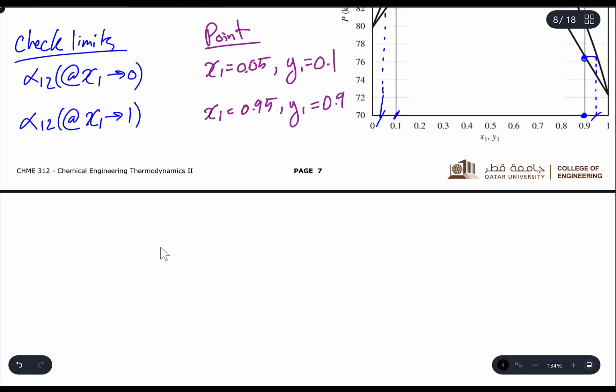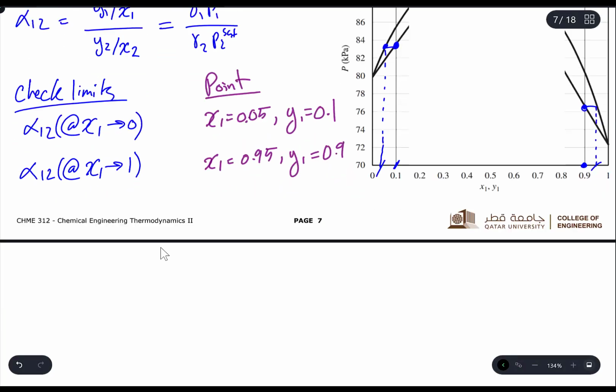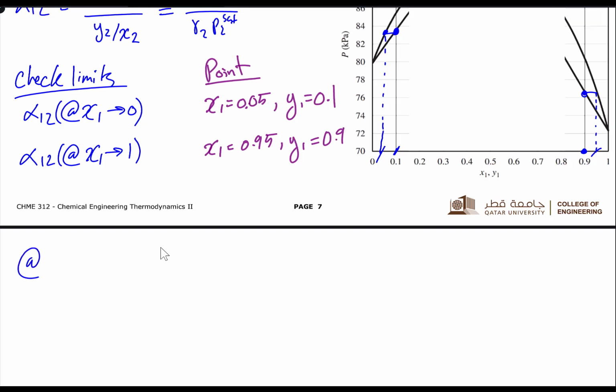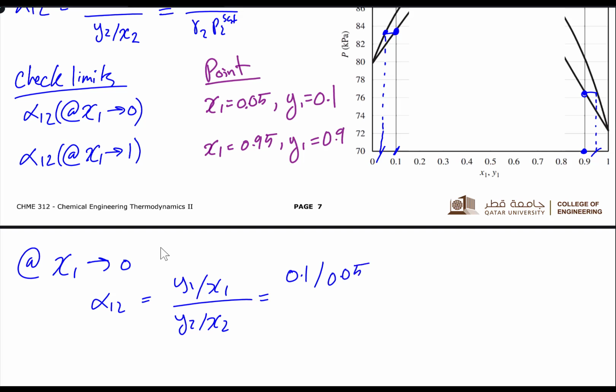Now we're going to do the math using this expression to find the values of alpha 1, 2 in these two limits by plugging in what we see here. At x1 approaching 0, alpha 1, 2 equals y1 over x1 divided by y2 over x2. Here y1 is 0.1, x1 is 0.05.